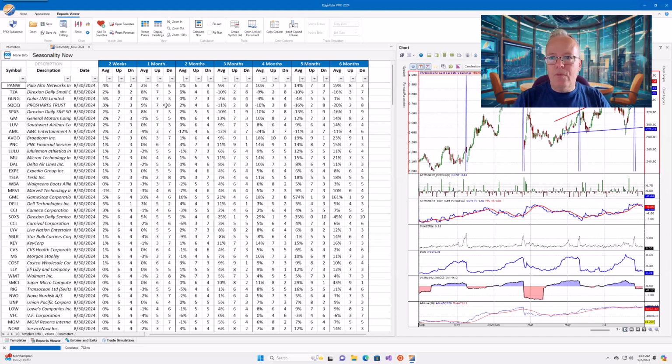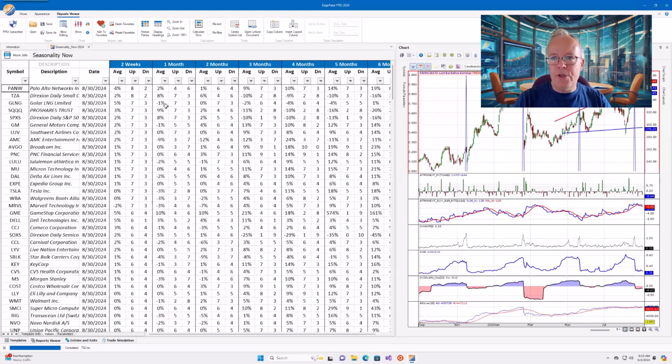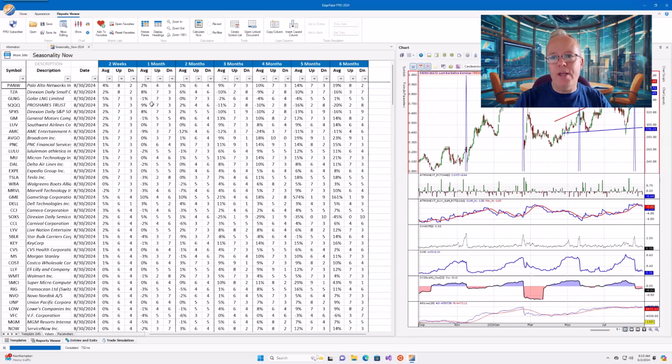Okay, so that's what it's showing. It's a very quick and dirty way of getting seasonality for a massive list of stocks, and very easy to sort and filter to narrow it down to stocks that have potential to move in the upcoming 2 week period or 1 month period.